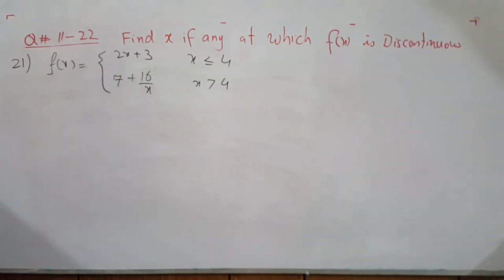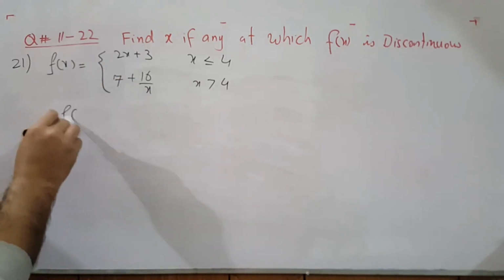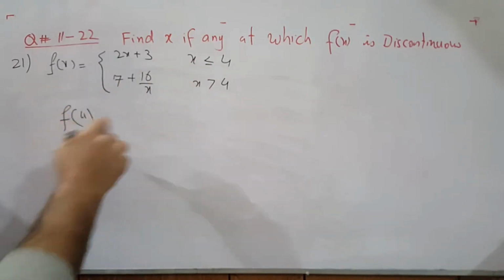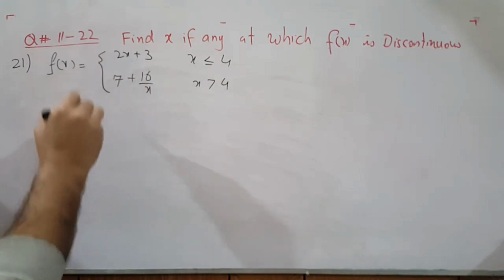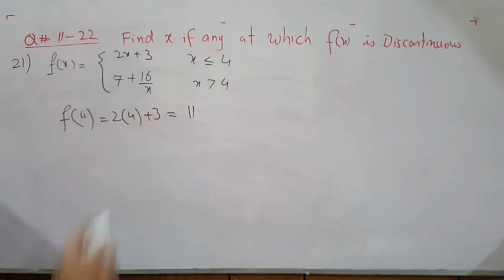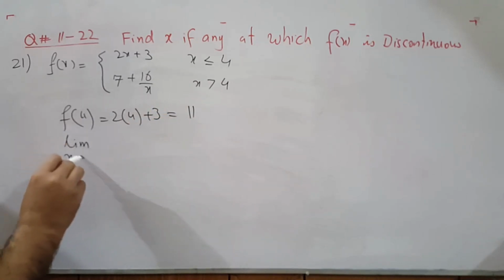Now it's a piecewise function, and now we can check the three conditions. We have to find out whether the function is defined at x is equal to 4. So when x is 4, this is the equation. You can put the value in it, and you can see that the value is 11. Now you have to find the left-hand limit.